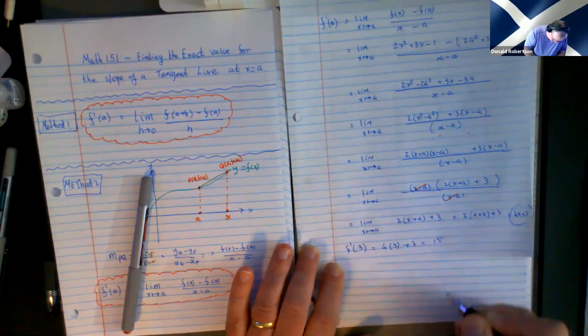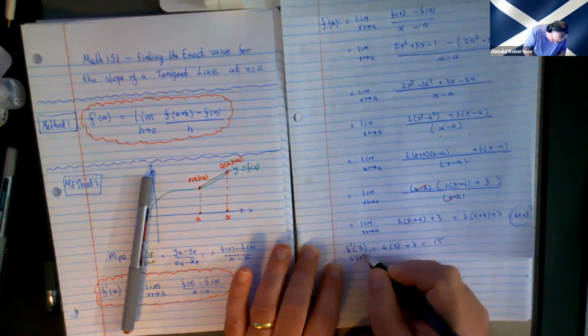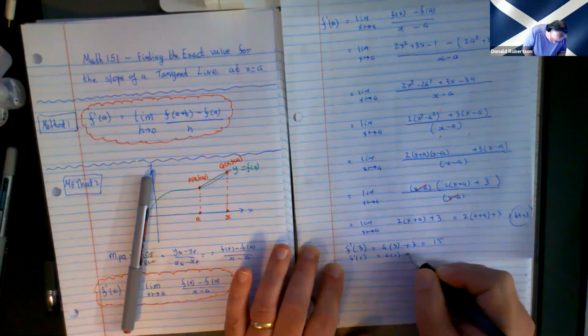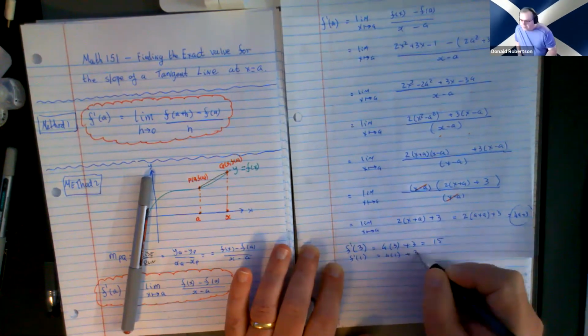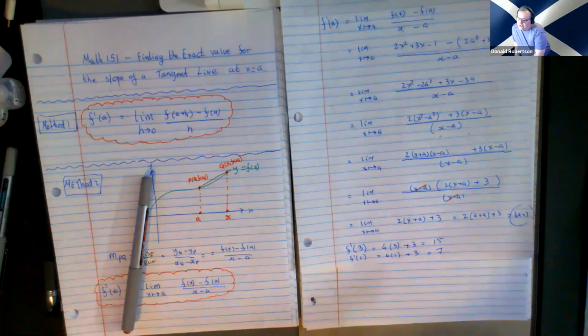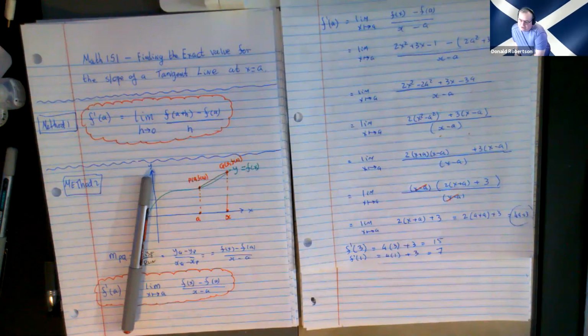And if I wanted to know the slope of the tangent line at 1, it'd be 4 lots of 1 add 3, which is 7. So once you know this formula, can't you find the slope of any tangent line to that curve that you like by just replacing the a by the x coordinate of the point you're interested in?